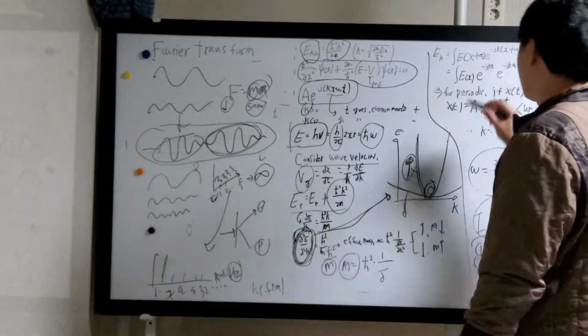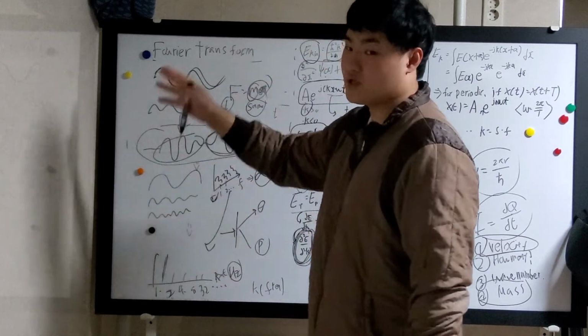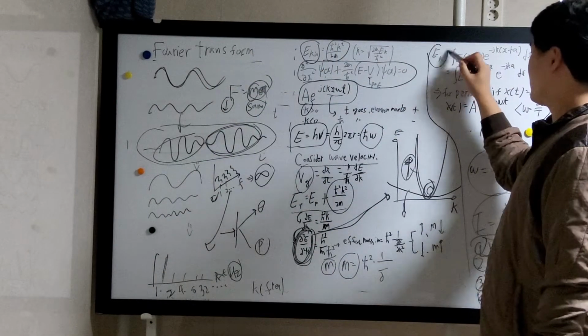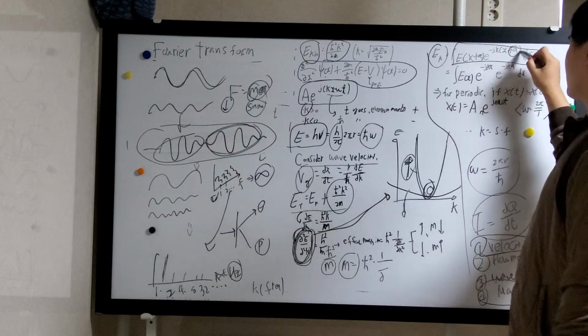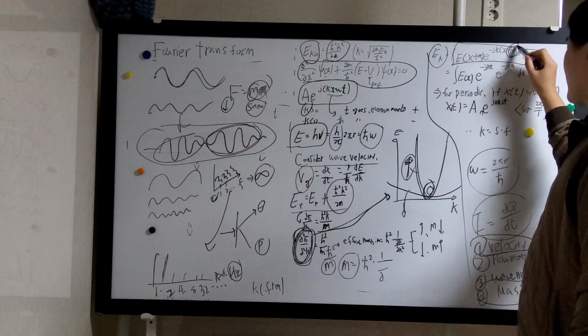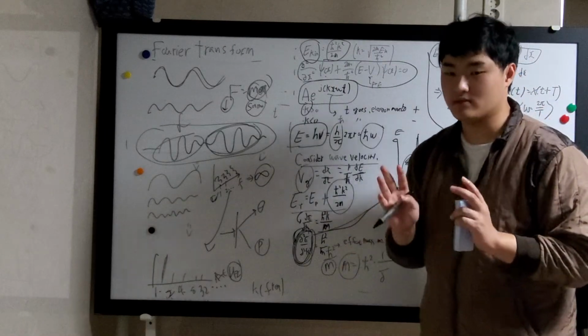So if the propagation graph of the electron is periodic, then by the periodic factors, we can select it term by term for the periodic condition.